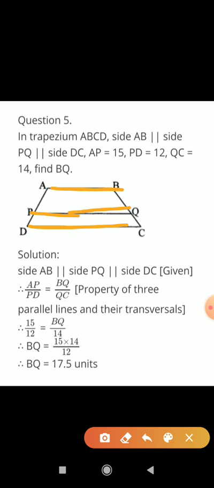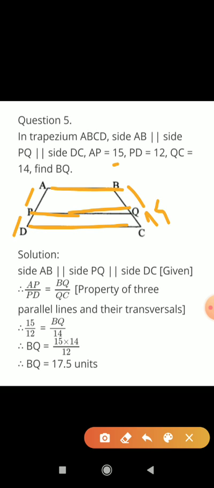Some measurements are given: AP is 15, PD is 12, QC is 14, and we have to find BQ. It is a simple question based on three parallel lines and their transversal. We studied that theorem well, and we know the formula: AP upon PD is equal to BQ upon QC.